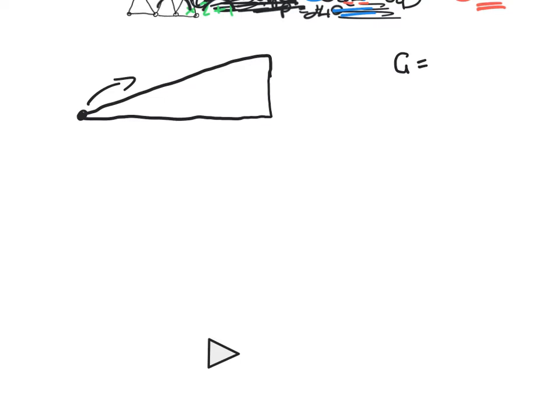A gradient, remember, is a measure of steepness. The horizontal distance covered by the travelator is 50 metres and the vertical height is 7 metres.